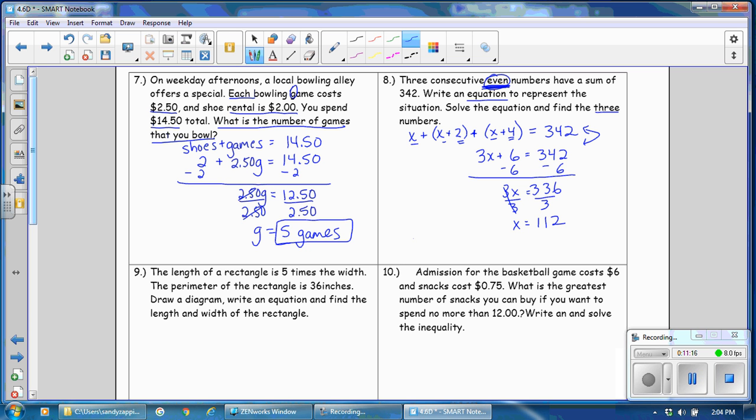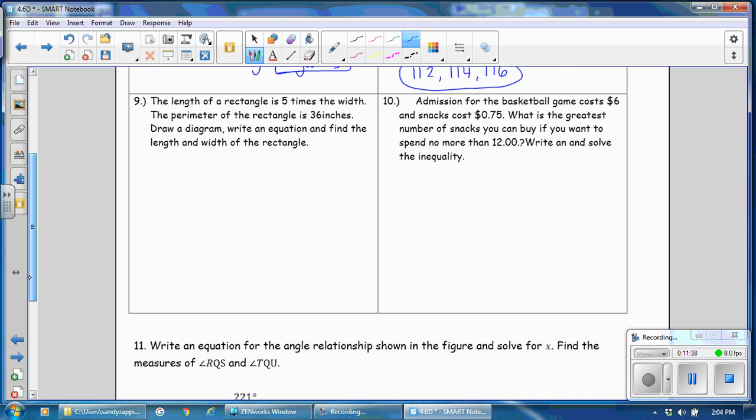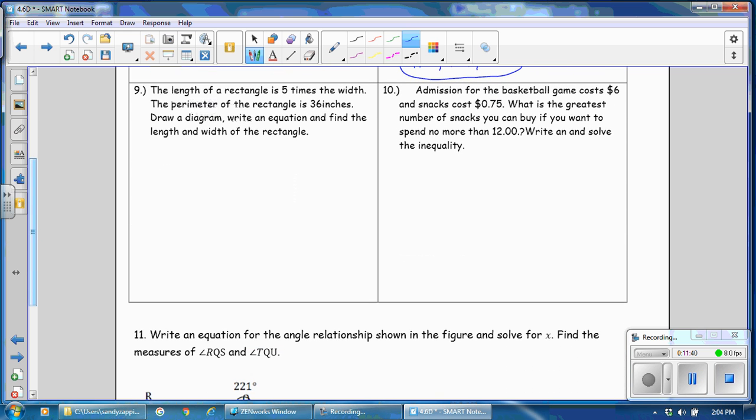The first number is 112, the next consecutive even number is 114, and the third is 116. Because the first one is x, the second one is x plus 2, and the third one is x plus 4. You can double check to make sure those are right by adding them together and making sure they equal 342.